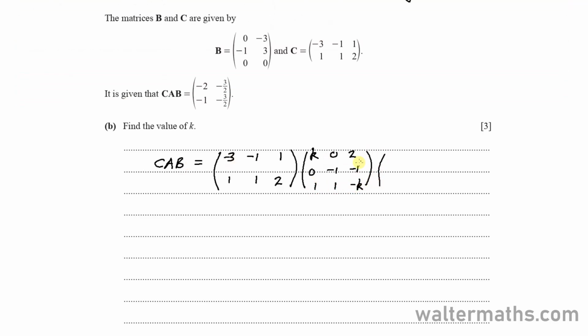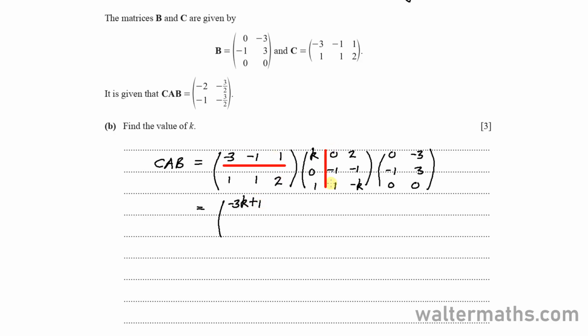Then the matrix B is the matrix with elements 0, minus 3, minus 1, 3, then 0, 0, like this. So we want to multiply these 3. Let's start with the first two. For the first two matrices, I'll multiply row by column. So that's minus 3 times k, which is minus 3k, plus minus 1 times 0, which is 0, and plus 1 times 1, which is plus 1.